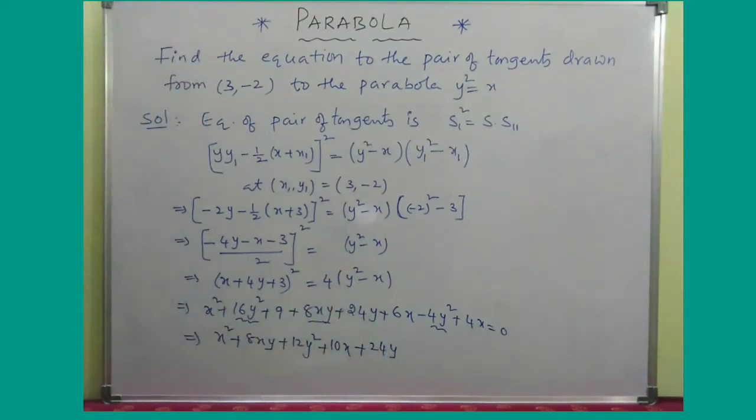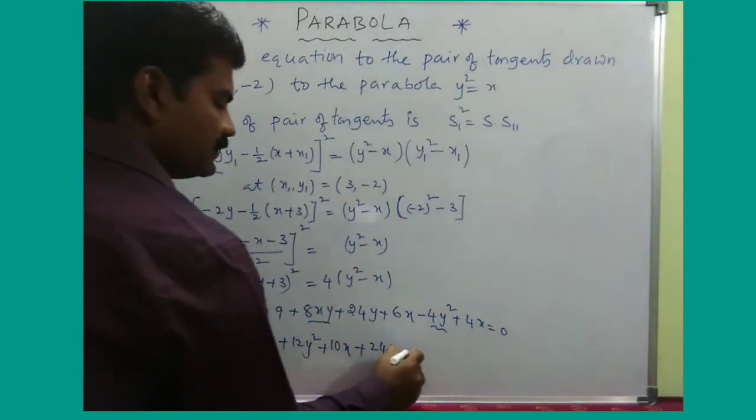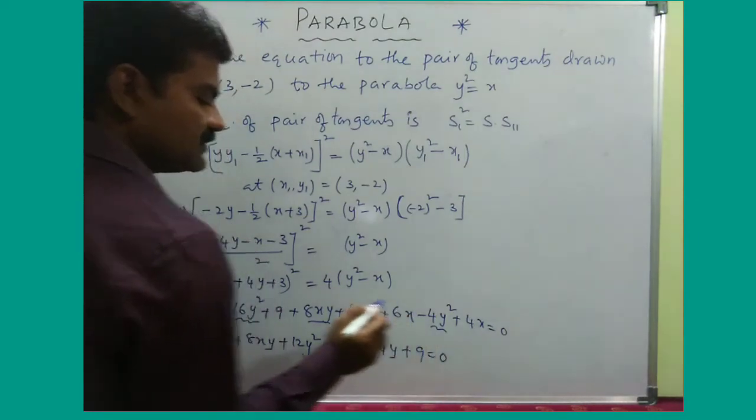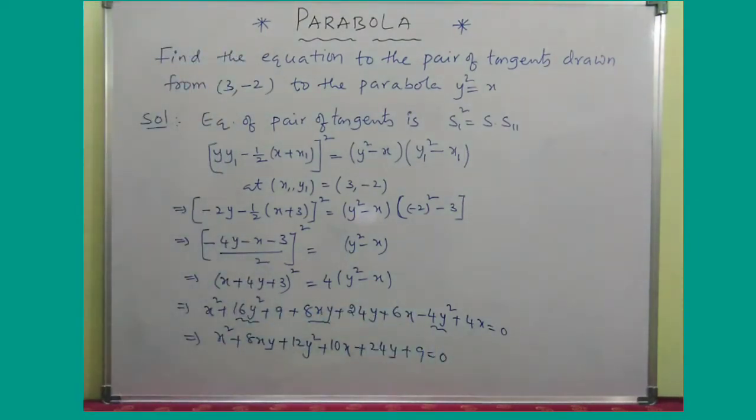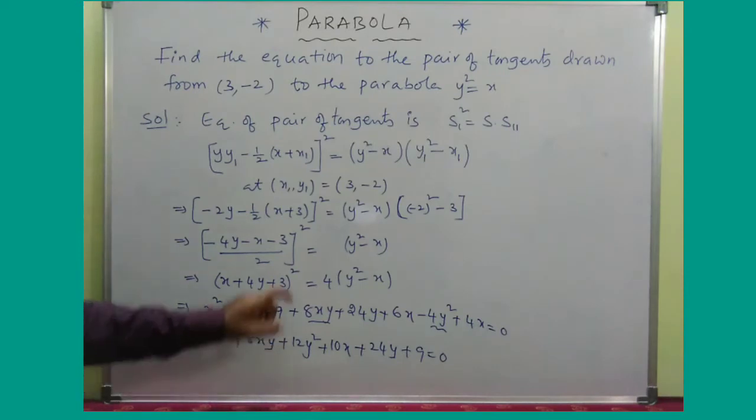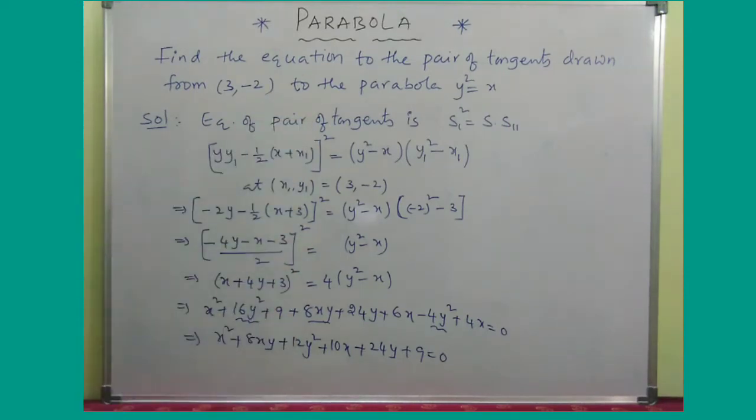And finally the constant is plus 9 is equal to 0. So what is the equation finally? x square plus 8xy plus 12y square plus 10x plus 24y plus 9 is equal to 0. So this is the combined equation of pair of tangents.